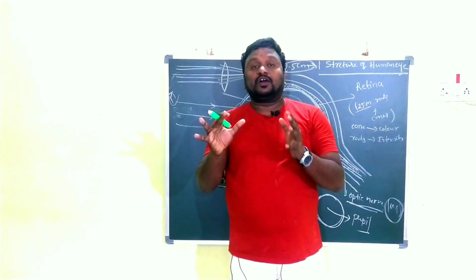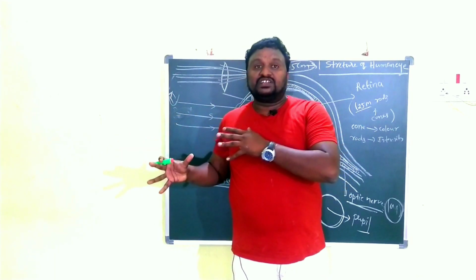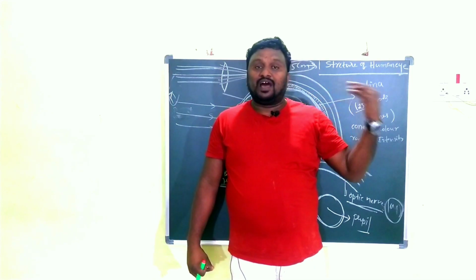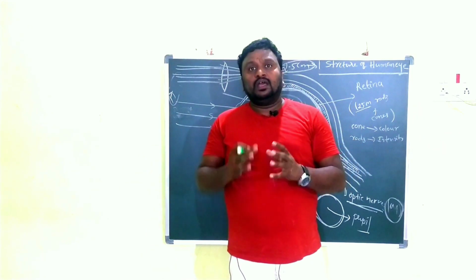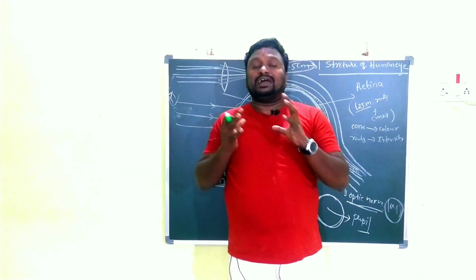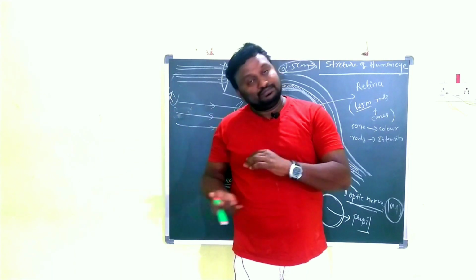Children, this is the explanation regarding the structure of the human eye in a simple manner. In the next video I will upload how the focal length value of the eye lens changes due to the ciliary muscles or the accommodation process.